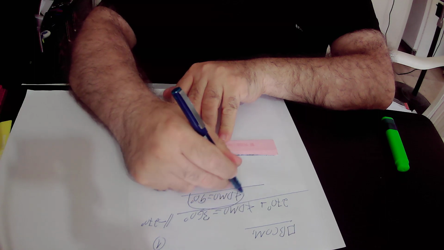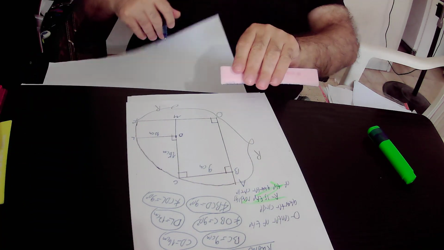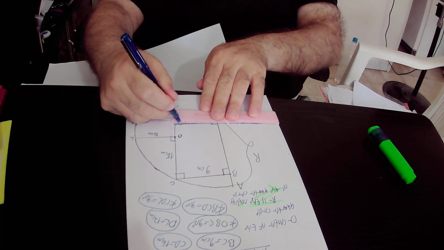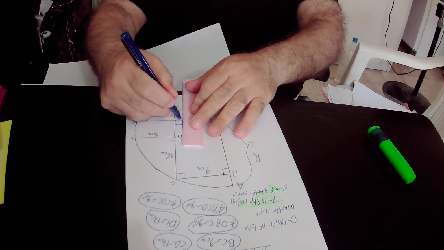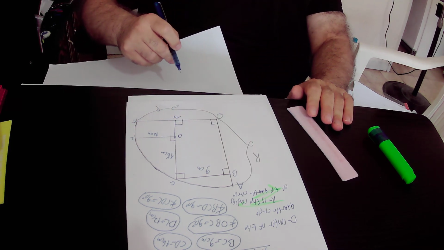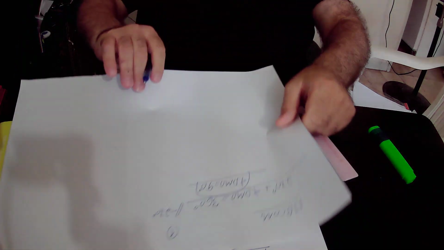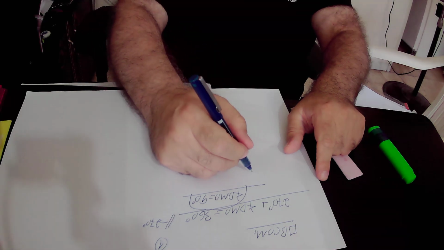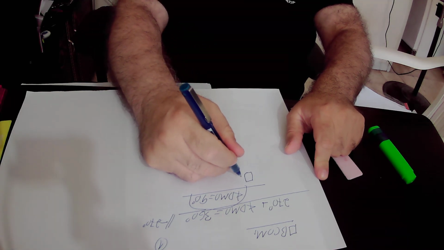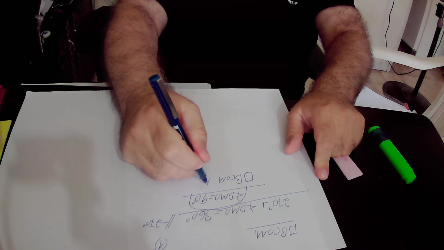So it is actually a right angle. So inside quadrilateral BCOM, we have four right angles. And any quadrilateral that has four right angles must be a rectangle, if not a square.